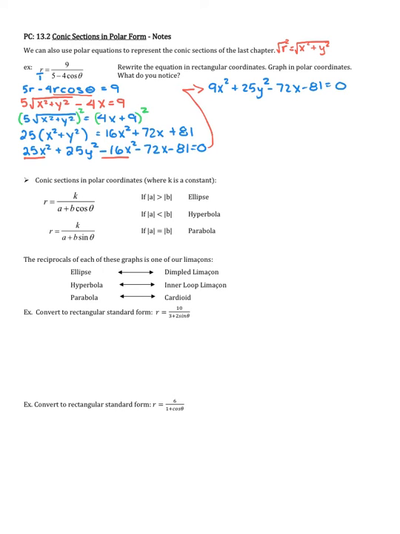So notice we have two positive squared terms with different coefficients, and that tells me we have an ellipse.